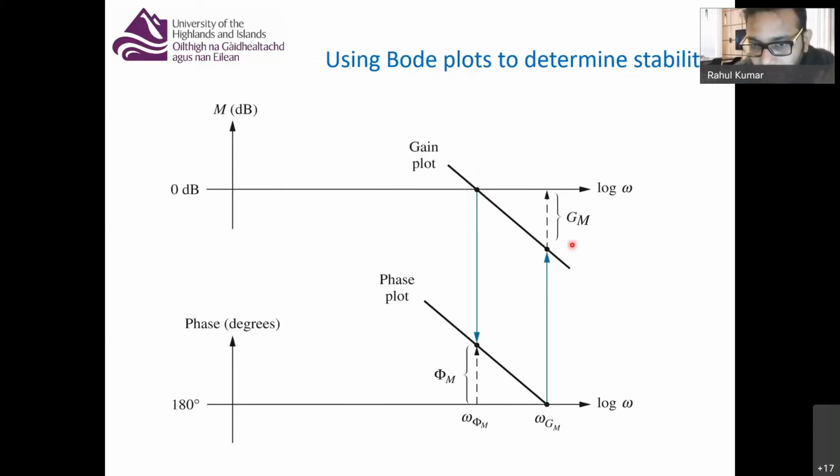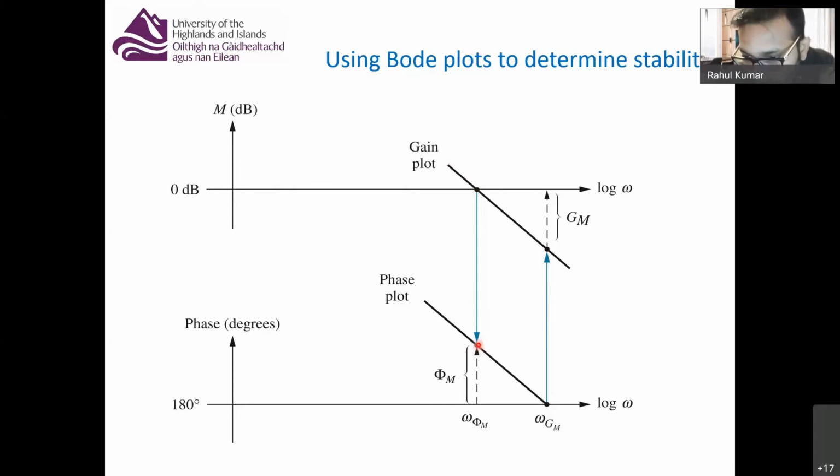Wherever this 0 dB line cuts the magnitude plot, we go all the way down to the phase plot. Now this is crossing the phase plot at this point.